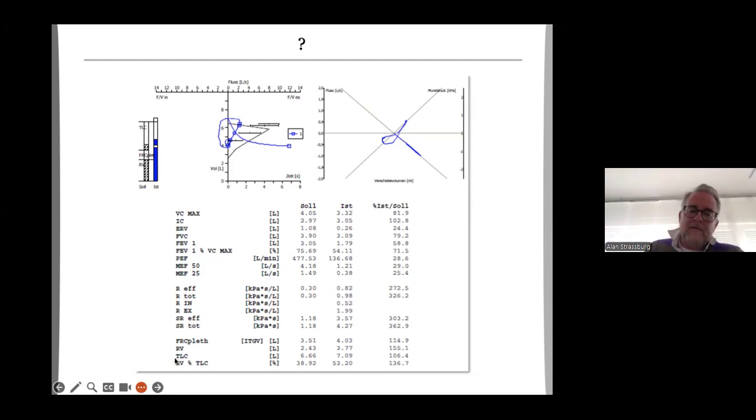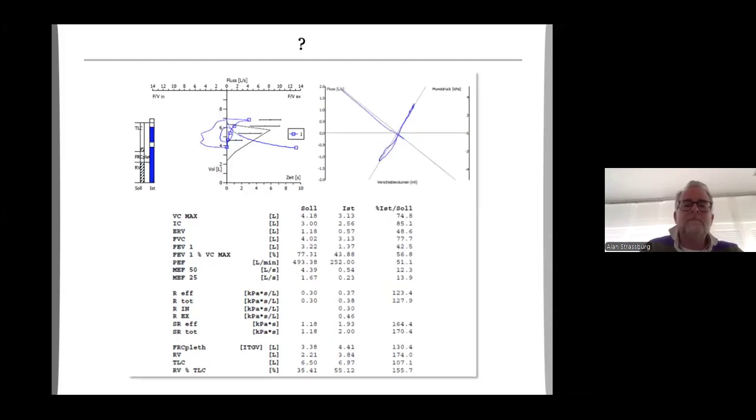And again, the total capacity is normal, but the trapped air in the lung is too high. The residual volume is bigger than it should be: with 3.7 liters it is at 155% of the normal. And respectively, the vital capacity is decreased down to 81%. This is again a COPD patient in stadium 2 after the GOLD criteria.